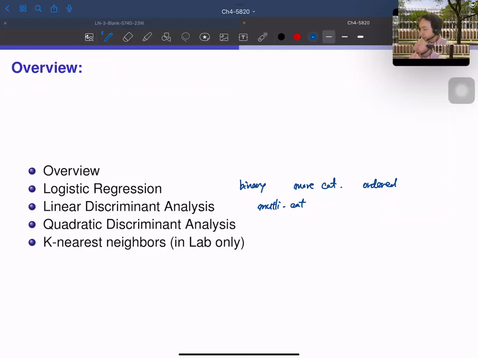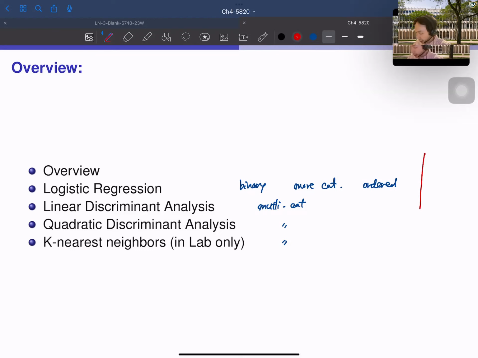So not much difference between binary classification and 3 or more classes. Quadratic discriminant analysis is also similar to linear discriminant analysis, but a little more complicated in terms of parameter space. The last one is the k-nearest neighbors method. This is a more data-oriented method, and it does not really matter whether the response variable is binary or has more than 2 categories.